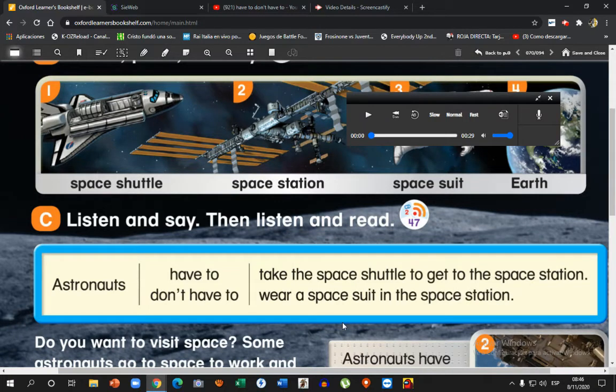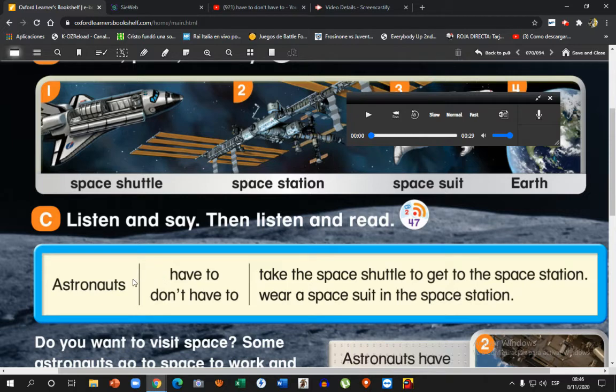In this lesson, we're going to have this grammar, the use of have to and don't have to. There is a big difference in the use of these two grammar forms. For example, have to is for obligation, when something is necessary to do.